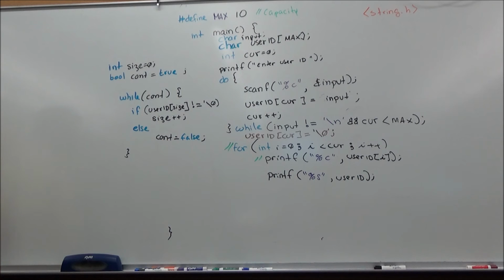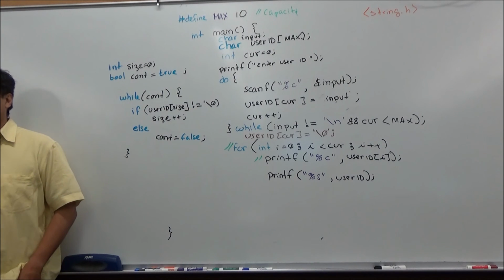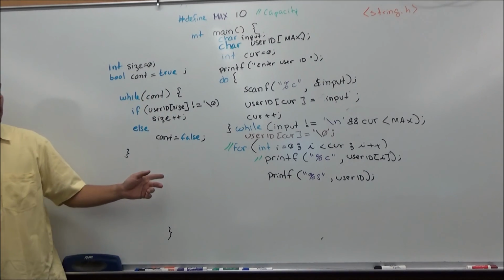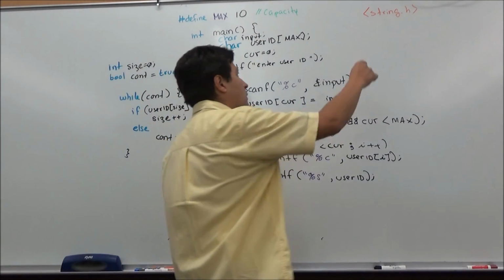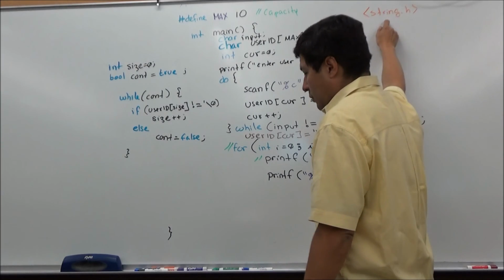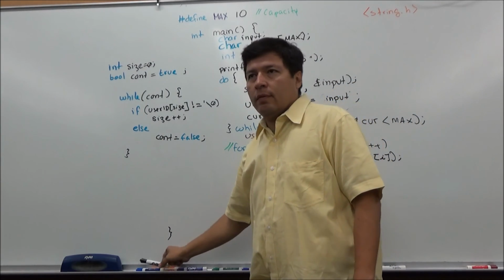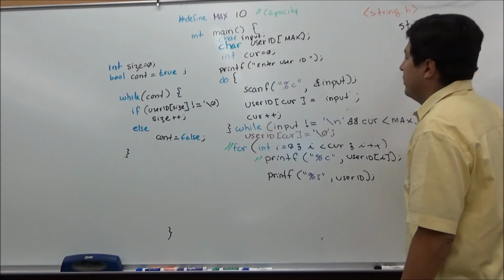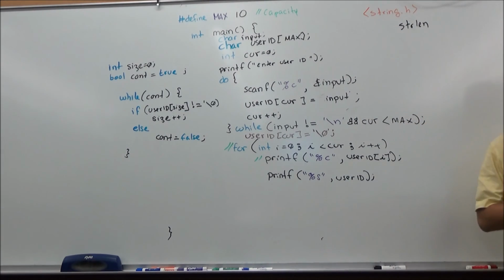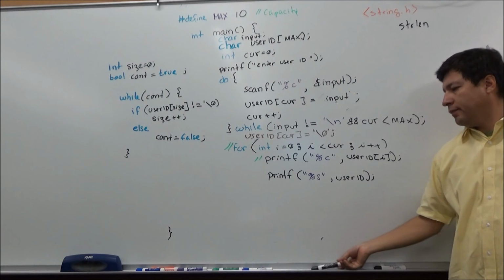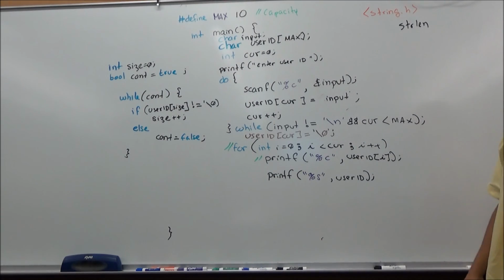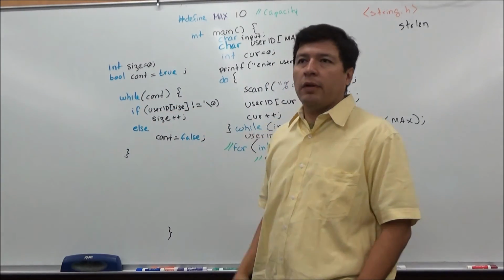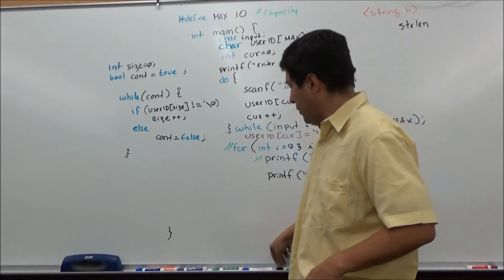Okay. All right. So this function is built in here. And I think it's called string length. And that's all it does. It's this while loop that's trying to find the null character.